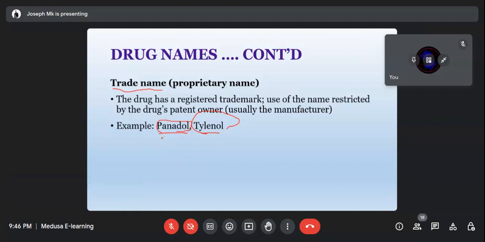So that's what we are talking about. I'm sure we are clear on the trade name, generic, and the chemical name. If there is any question, you can ask. We've talked a lot, so if there are people who are behind on the drug names, please ask where you are not clear.